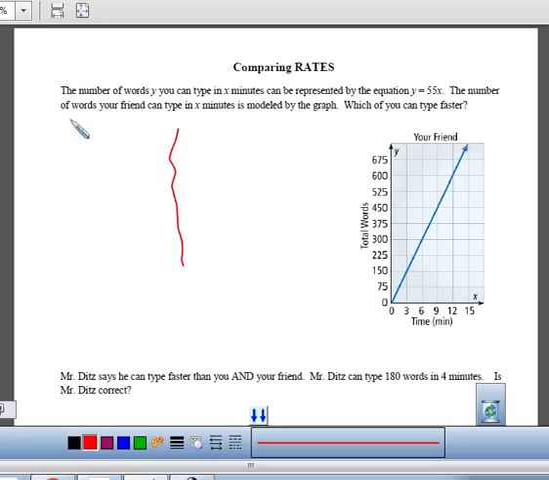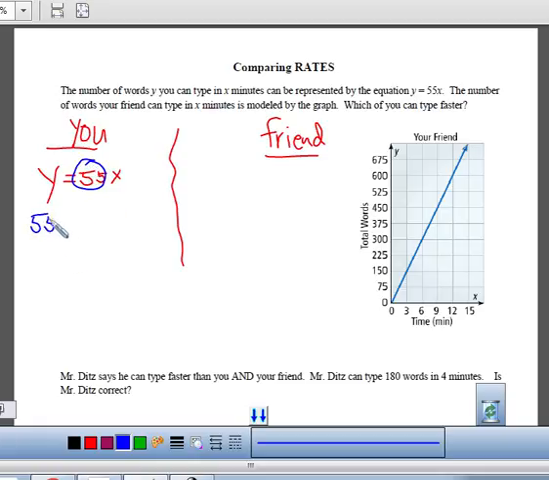This is you and this is your friend. Alright, so you are represented by y equals 55x. What is your rate? The rate is this number here, the number next to x. So you are typing at 55 words per minute.